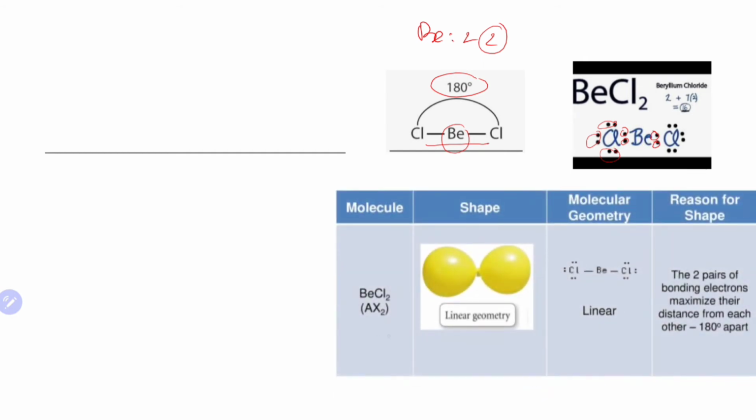This is BeCl2. So the general formula is AX2. One Be is A, 2 Cl is X2. The shape is linear geometry like this, with the angle of 180 degrees.